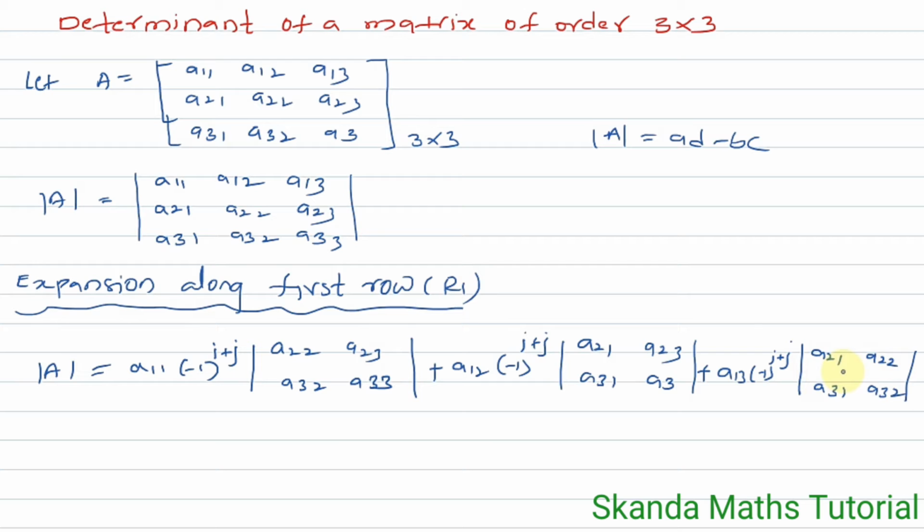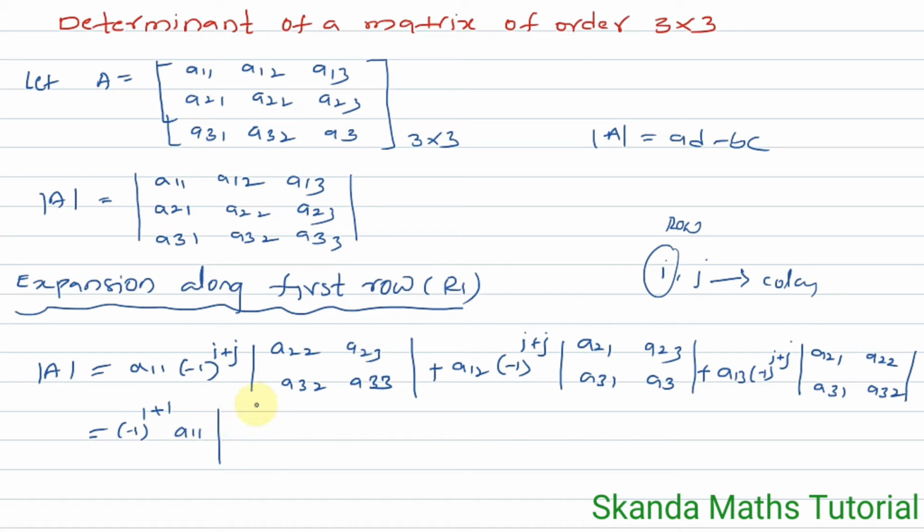The question is, what about i and what about j? i is the row and j is the column, meaning ith row, jth column, which gives minus 1 whole power i plus j. A11 is first row, meaning 1, first column, meaning 1, into A11.